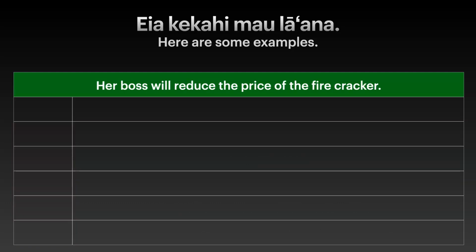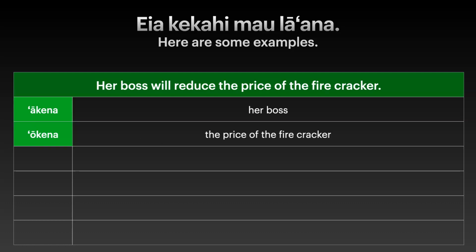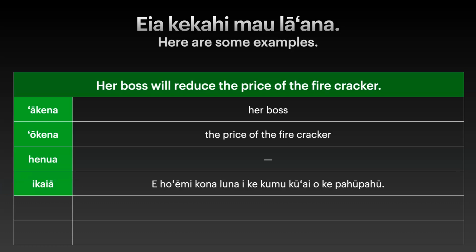Her boss will reduce the price of the firecracker. So the ʻAkena is her boss. The ʻōkena, the price of the firecracker. There's no location phrases in here. Okay. So our ʻIkaiā: e ho'emi kona luna I ke kumuku ai o ke pahu.